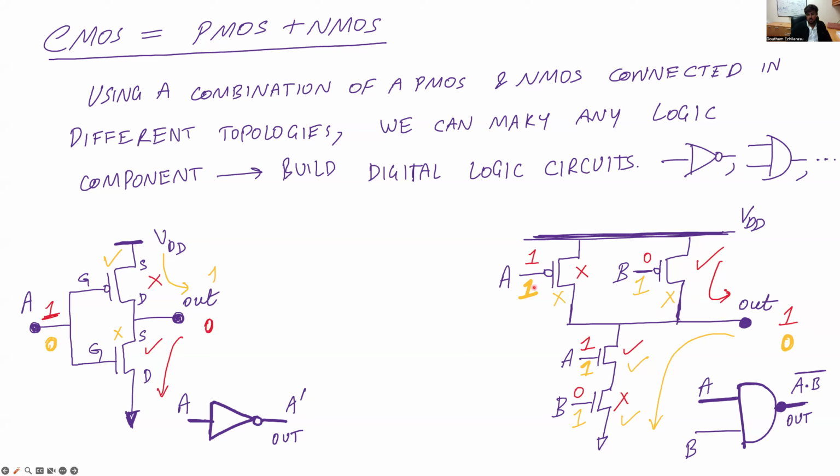However, if A and B are both 1, then both the PMOSs are switched off, while both the NMOSs are now on, and therefore the output goes low. You can work out in this particular topology that the output goes low only when both the inputs are high, and in any other situation, the output is high. So this behaves as a NAND gate.